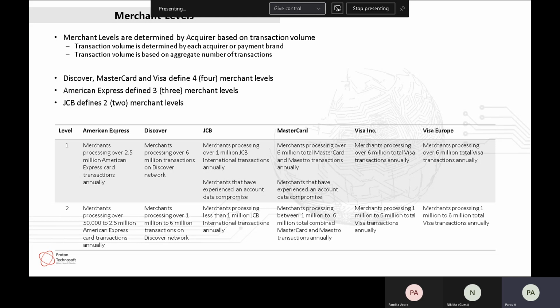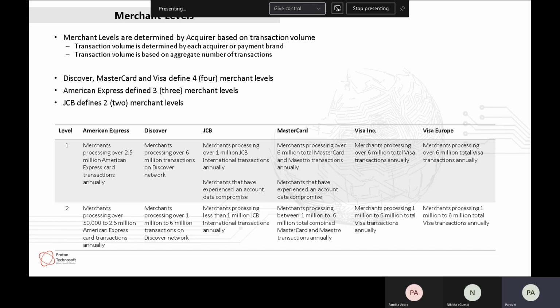So let's say Proton Technosoft is providing 2.5 million transactions to American Express and 6 million to Visa, then I will be categorized as level 1 for American Express and level 1 for Visa Inc. and Europe as well, depending upon where the customers I am supporting are.